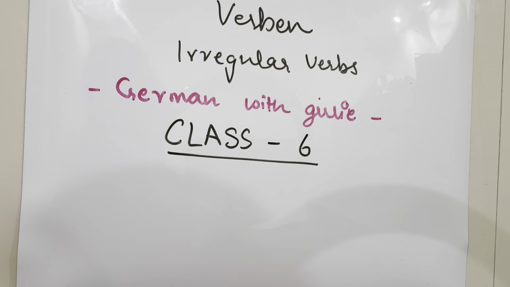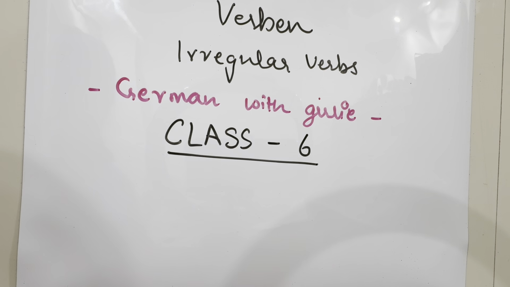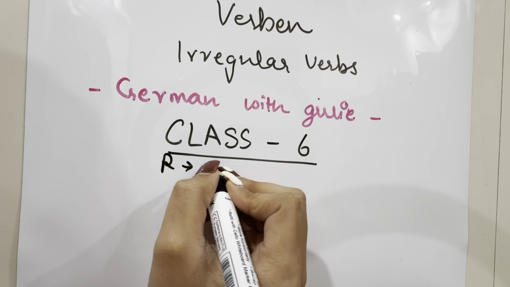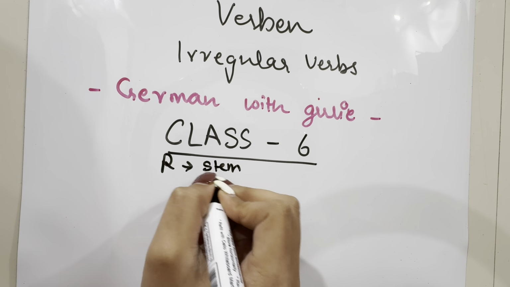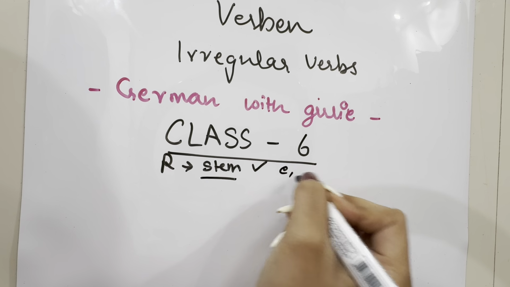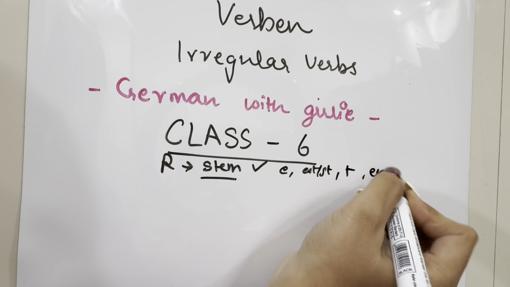Today we are going to learn about irregular verbs. In the last class we learned about regular verbs. Regular verbs are also known as weak verbs and irregular verbs are also known as strong verbs. In regular verbs, the stem of the verb always remains the same, and we end it with an E, EST, ST, T or EN.